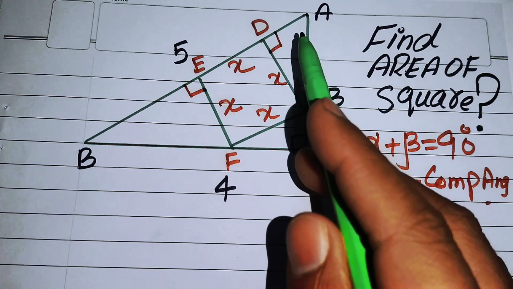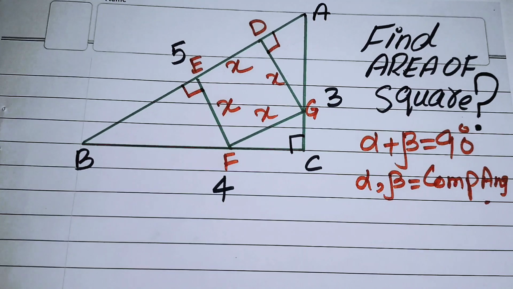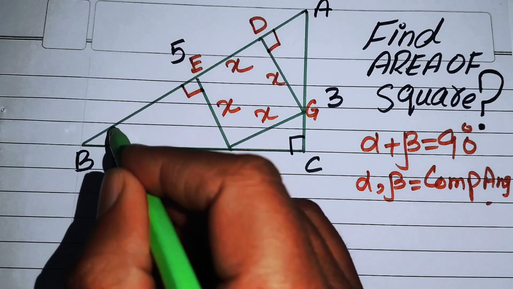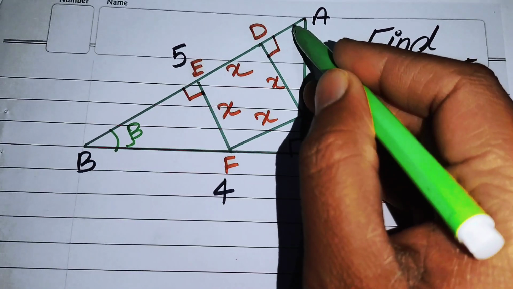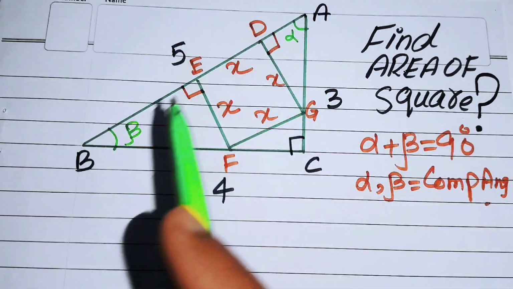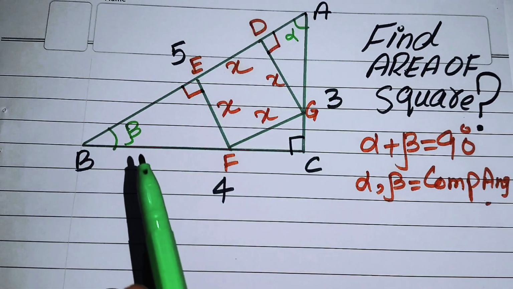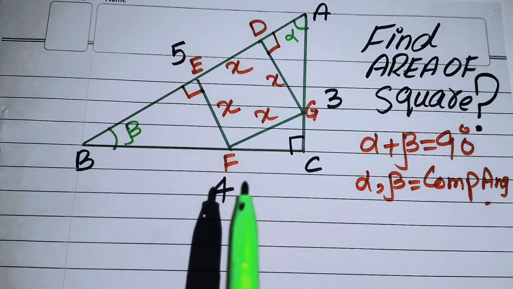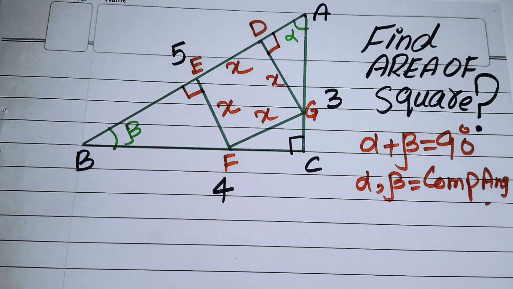So the sum of this angle and this angle must be 90 degrees. I will denote this angle by beta and this angle by alpha. So alpha plus beta plus 90 equals 180 degrees, but alpha plus beta equals 90 degrees, so alpha and beta are complementary angles.